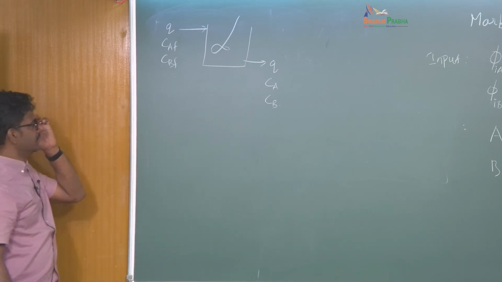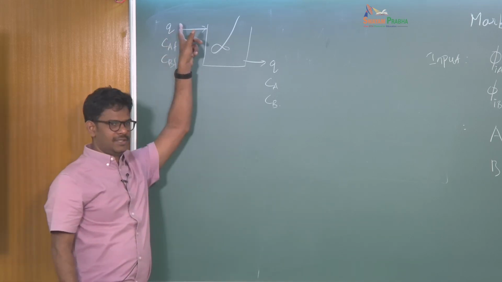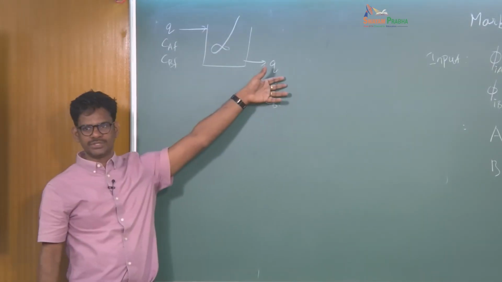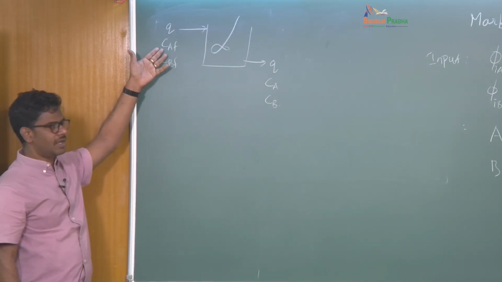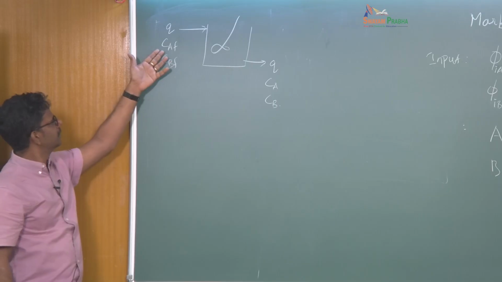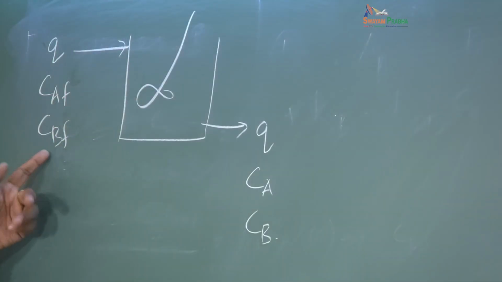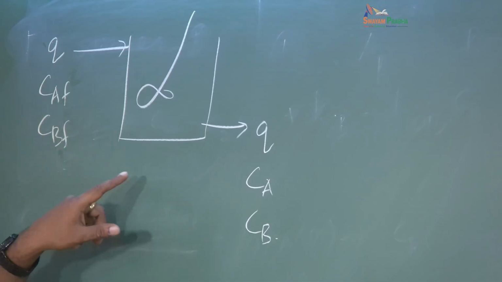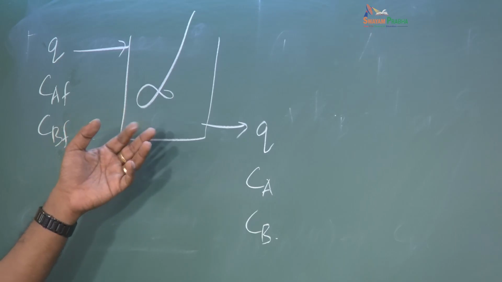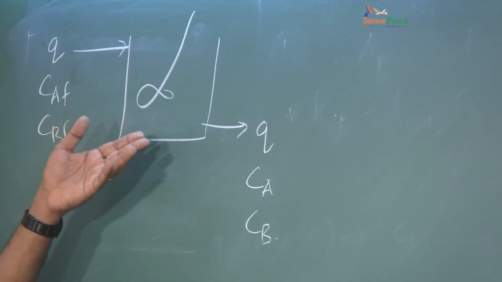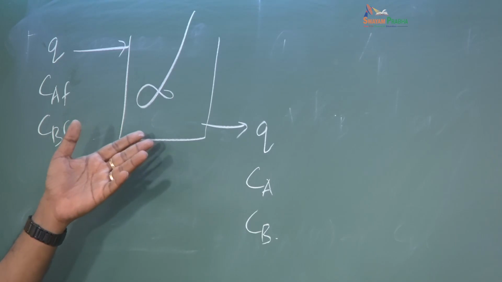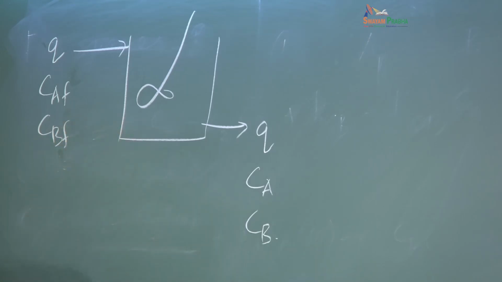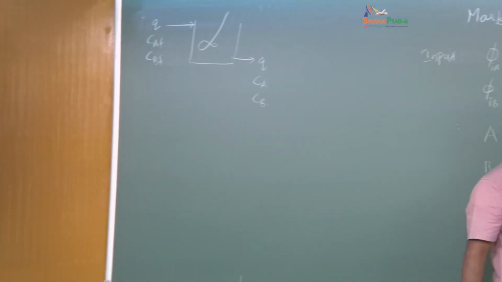In the CSTR, the flow rate is kept constant, Q volume per unit time, and the concentration in the feed for A is CAF. F means feed, not final, feed. I'm using F and not CA0, CB0, because sometimes we may have a starting condition. You can have some number of molecules in the system to start with also. So CA0 and CB0 we will use for initializing this.